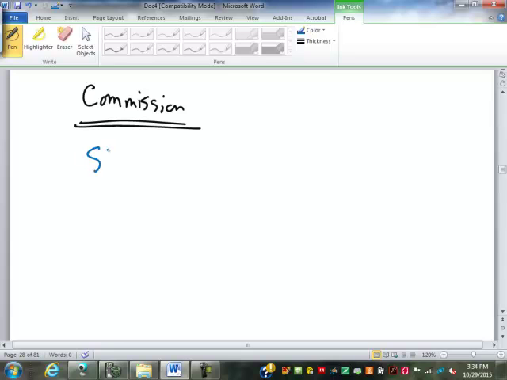One possible way to do it is a straight commission. A straight commission is where your total pay is a percentage of your sales. If you make no sales, you get no pay. Some states have outlawed this now, that you must have a minimum wage plus a commission on top of it. And we'll look at that in just a little bit.